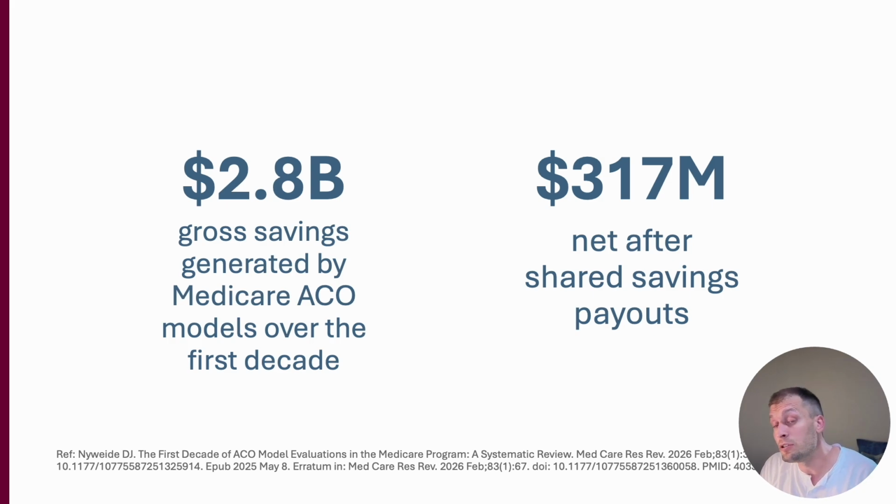So they generated $2.8 billion of gross savings, and then that gets shared between the taxpayer and CMS, Medicare, Medicaid. In this case, we're just talking about Medicare plans. But only 317 million of that went back to Medicare, the taxpayer, after the shared savings payouts.